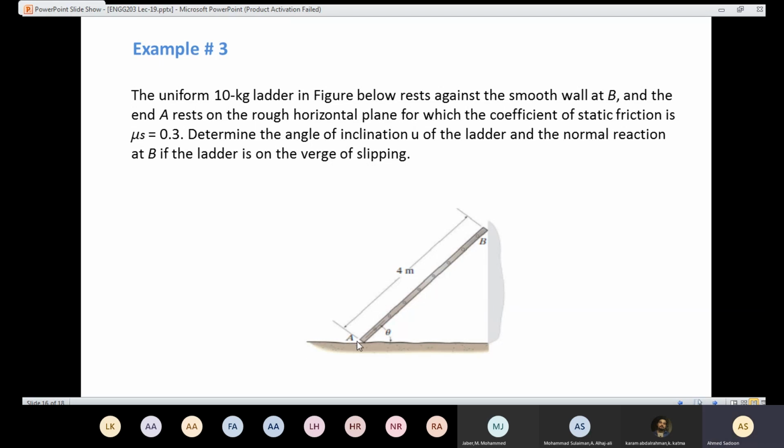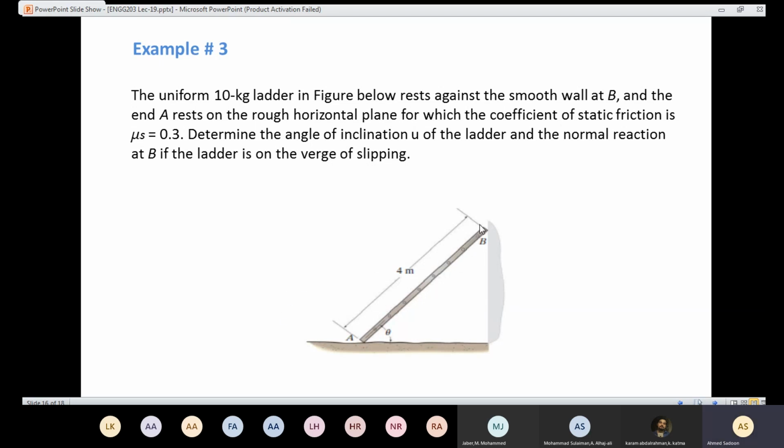At the point A here, they said that we have a rough horizontal plane. So the plane here is rough, which means that I'm going to have friction and I'm going to have a normal force. And they give us the coefficient of static friction, which is 0.3.